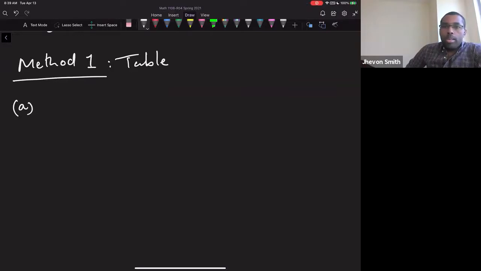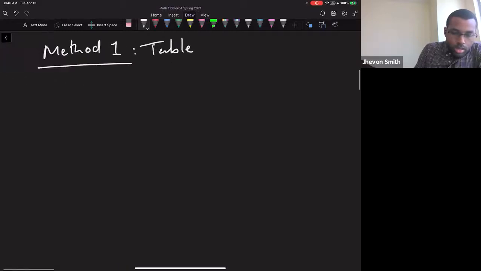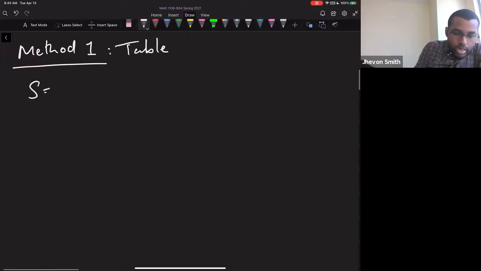We want the probability of exactly one head. So what we would do is, let me actually do the table. So we know here that S equals the sample space.